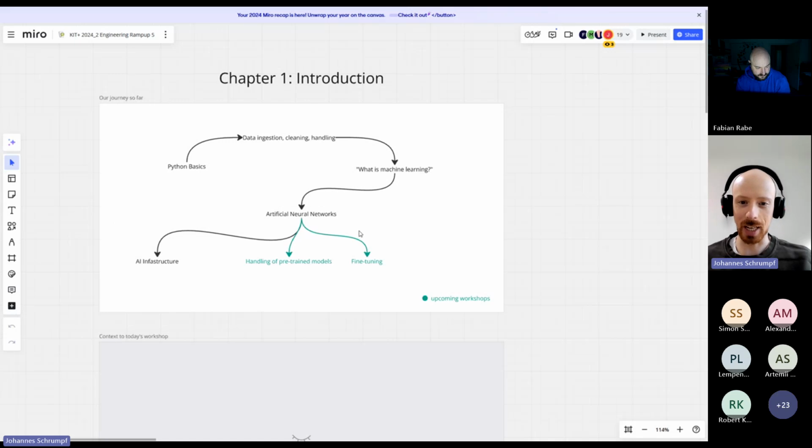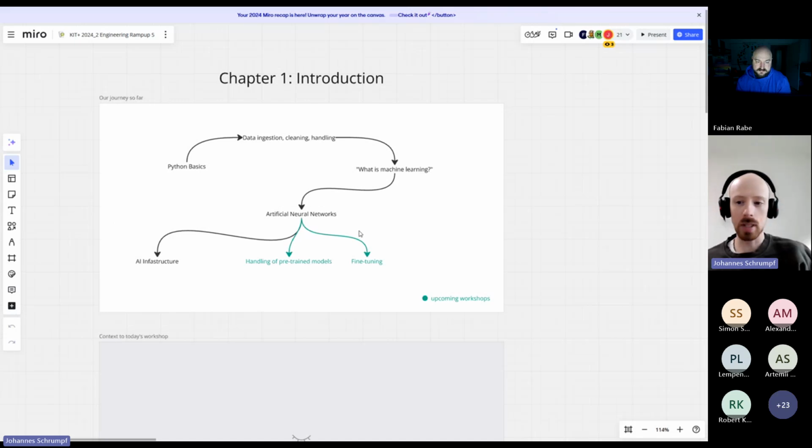You've all seen the slides in the previous rounds. And last session in the Engineering Rampup, we talked about artificial neural networks and how to train them. Maybe some of you have finished the exercises on DataCamp that you didn't finish until last time. And we should all be set to engage in a deeper dive into artificial neural networks today.